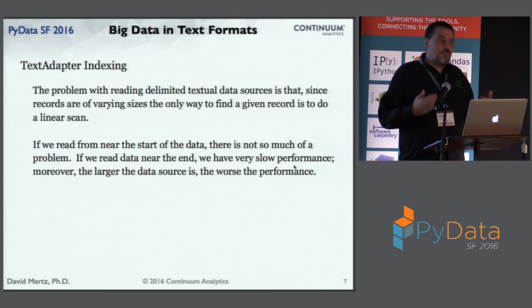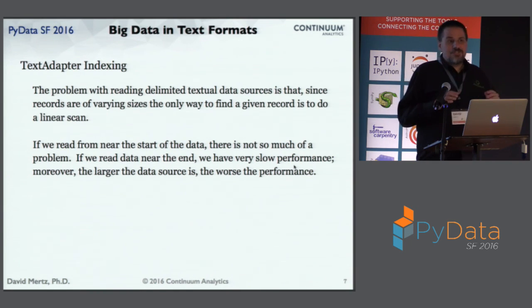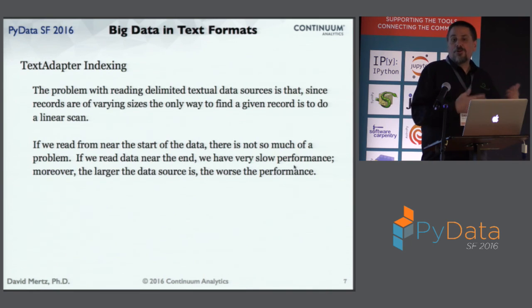At a certain point, if this is data that you're working with all the time, you don't want to use our adapter and access it that way, because you want to put it into a proper database, or maybe a key value store, or maybe a NoSQL, or maybe SQLite. This can speed it up a lot, and I'll show you some examples, but it's not the optimal permanent thing, and I don't want to oversell it in that way.